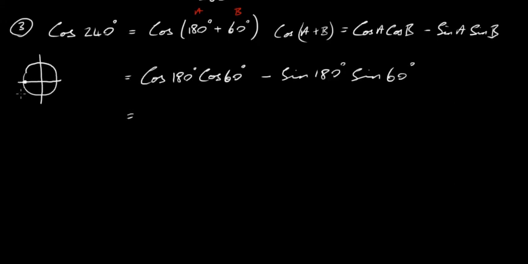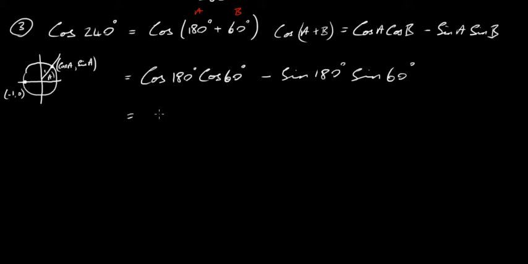So the first number here is the cos of A. Remember, any point on the unit circle is cos A, sine A for this angle A. It's a little bit small there, but you get the idea. So this is 180 degrees, so minus 1 is the cosine of 180 degrees.